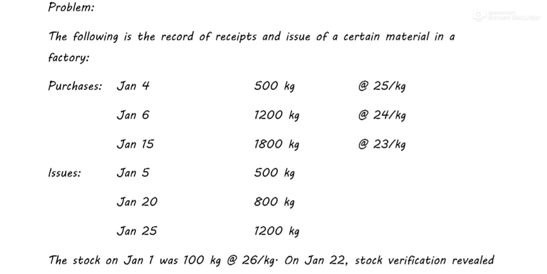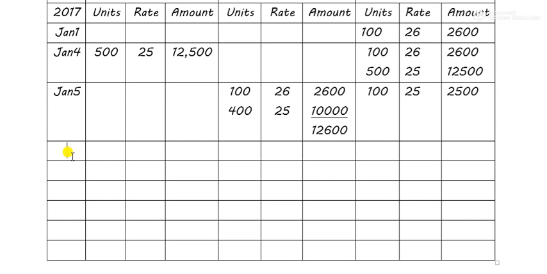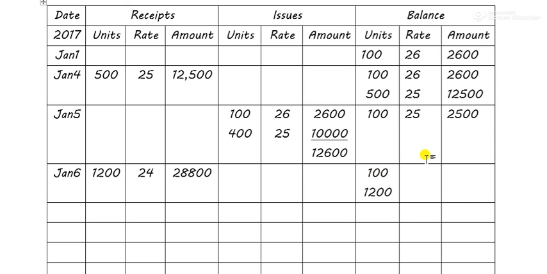On the next date, Jan 6, purchases of 1200 kg were made at the rate of 24, so the total comes to 28,800. No issues on this date, so the balance is 100 units at the rate of 25 and 1200 units at the rate of 24, which is 2500 and 28,800.